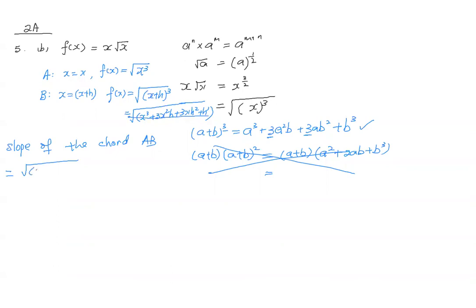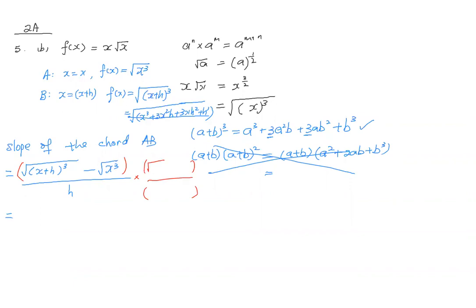So you have square root of (x plus h) cubed minus square root of x cubed, divided by h, correct? So we remember we have to multiply with the conjugate. All these are memorizing work. See, remember the conjugate?